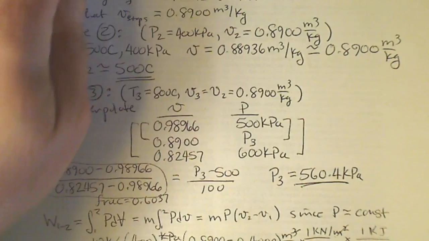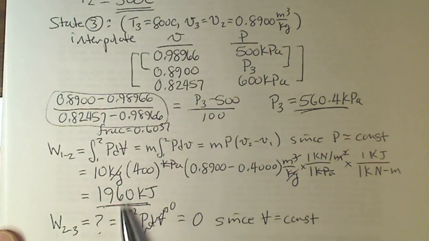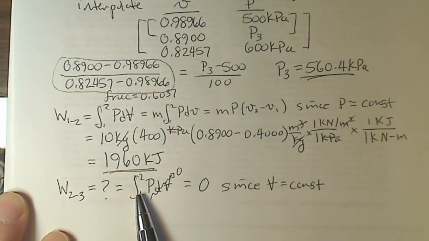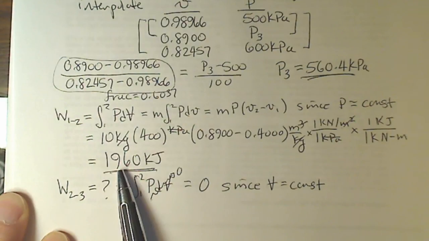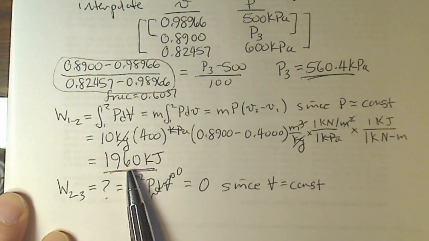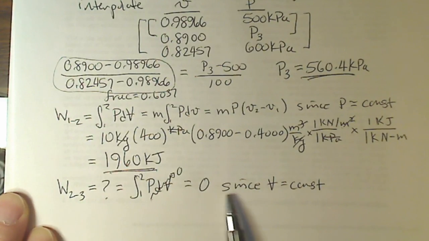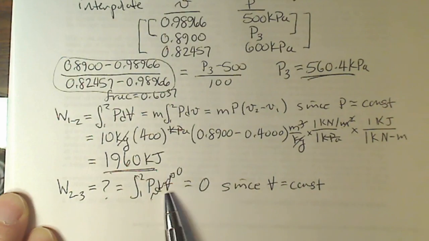And finally, we had evaluation of boundary movement work for these 2 simple processes, and we found that the work in the first process, 1 to 2, about 1.96 megajoules, and in the second process, no work is done since the volume is held constant.